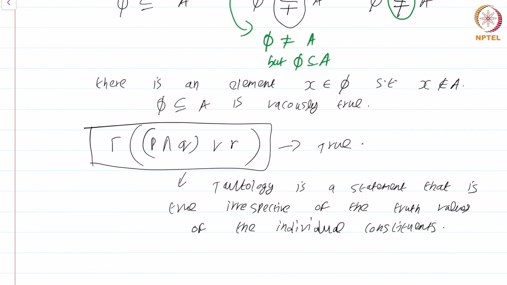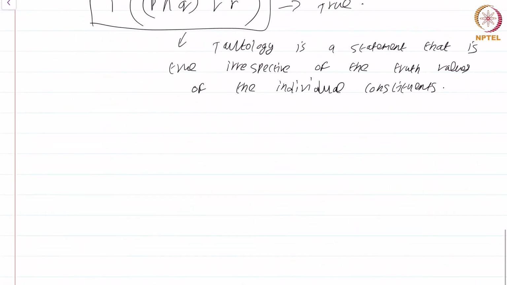Well, you are all familiar with truth tables. I will not really bother explaining in great detail, but I will just illustrate with a simple example. Let's look at the statement P or Q or negation P, or negation Q, it really doesn't matter.